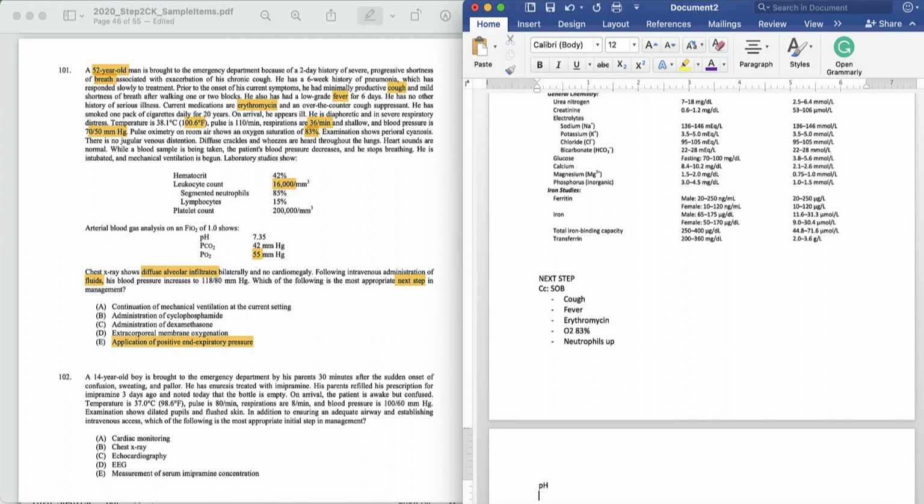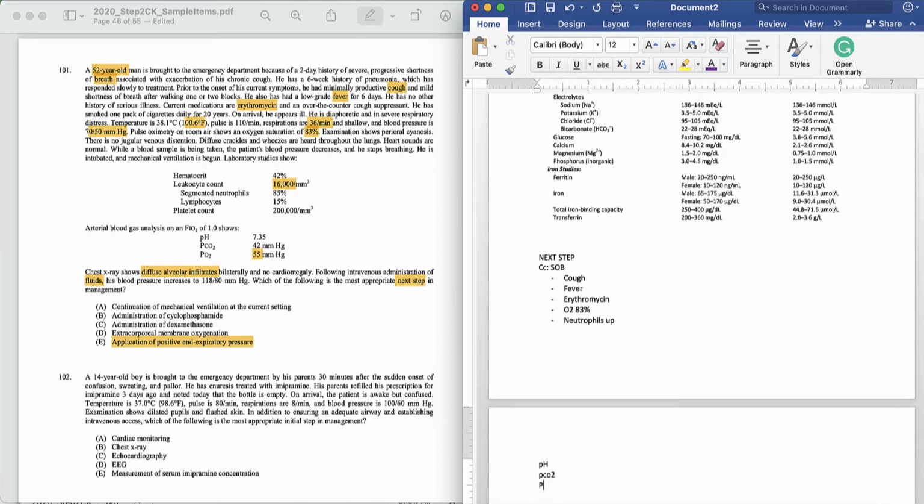If they're talking about pH, PCO2, and PO2, just think about what did they do here? What was the change they implemented? And what do you think it could be?